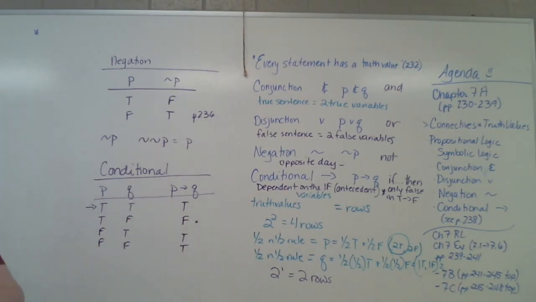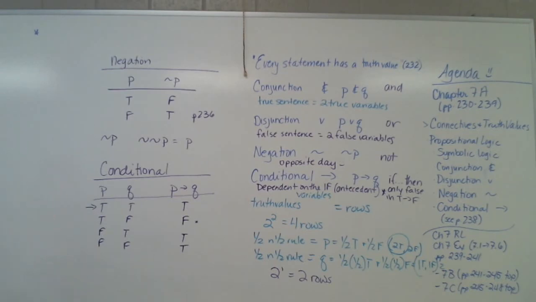My way of making this go much faster is learning where my weird one is, okay? In my conjunction, the only true is with 2 trues in my variables. For my disjunction, the only false is with the 2 false. So I can go through my list and go false here, and then fill in trues as I go up. And I'll show you that when we get to bigger things.